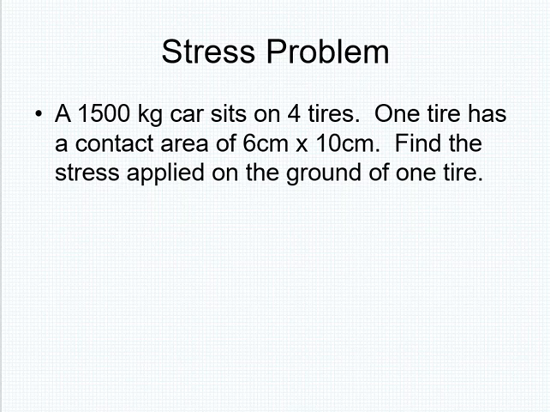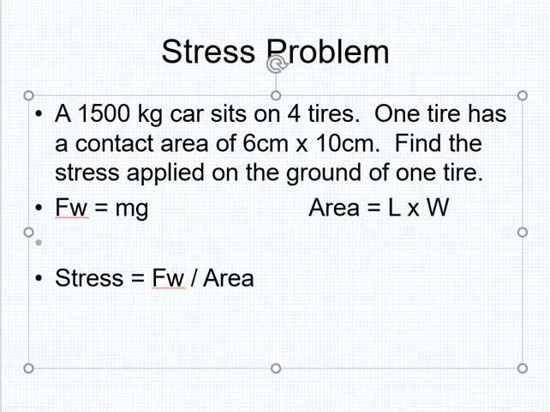So let me get you started here. I've gone ahead and punched in the equations we're going to use here. The force in this case is the weight. So to calculate that weight, we're going to take mass times gravity, and the mass is 1,500, and we're going to take that times 9.8.